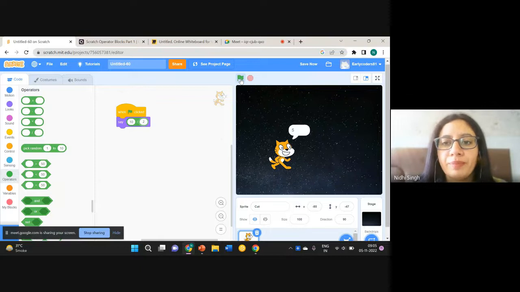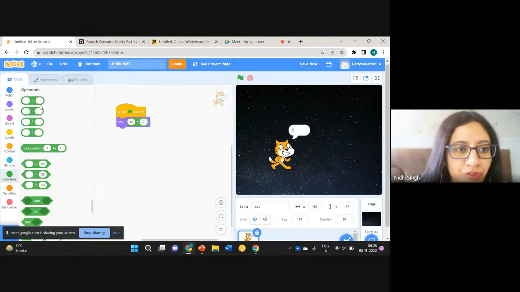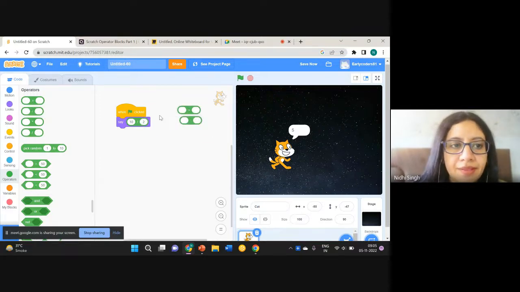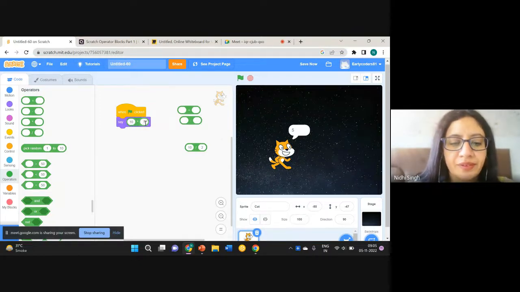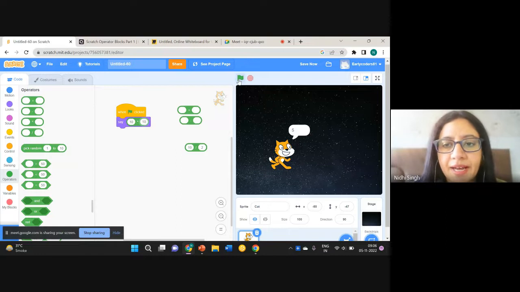So it will display the answer on the stage. Okay, so 4 arithmetic operators: plus, minus, multiplication and division. So you can try out different values with different operators. 10 is there, we'll multiply 10 with 10 and the answer will be 100. Similarly for addition and subtraction as well.